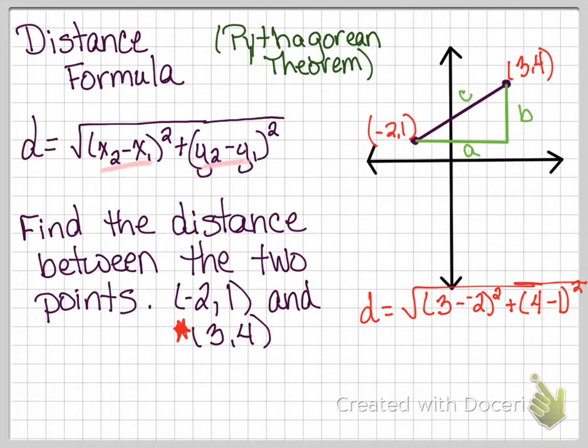I got my 3 and my negative 2 from these values right here. I got my 4 and my 1 from these values right here. Notice my formula is subtraction. What happens to my minus and my negative? It turns to positive. So that actually becomes 3 plus 2.